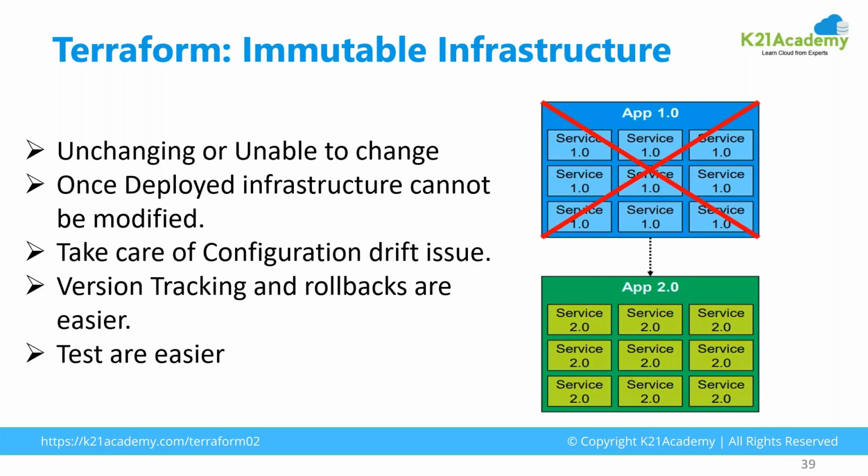So this is the benefit of Terraform compared to other configuration languages. I saw some questions like how Terraform is better than Ansible, or how Terraform is better than other IaC tools, especially from the provisioning point of view. This is the reason: it has the immutable infrastructure creation methodology. Whenever needed, you just destroy it and create it.